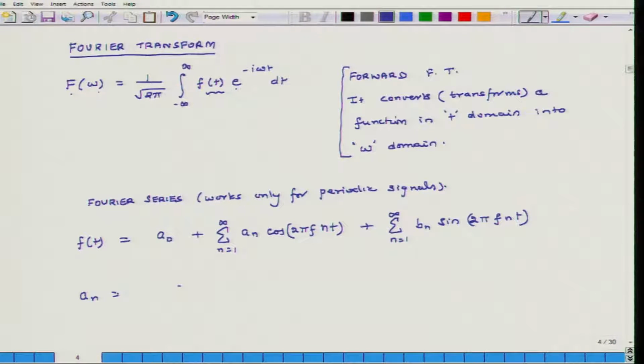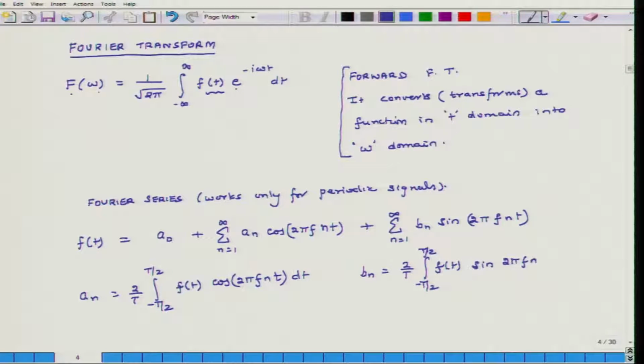A n equals 2 over T, integral from minus T over 2 to T over 2, f of t cosine 2 pi f n t dt, and B n equals 2 over T, integral from minus T over 2 to T over 2, f of t sine 2 pi f n t dt. Okay.